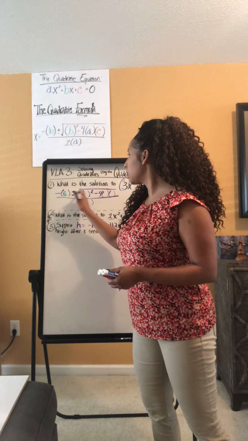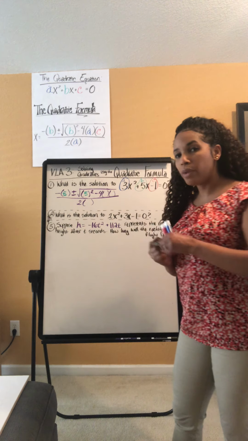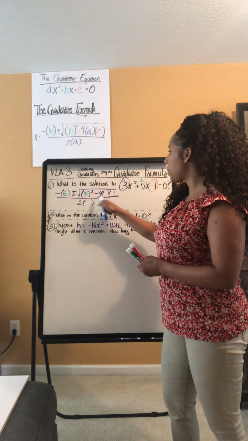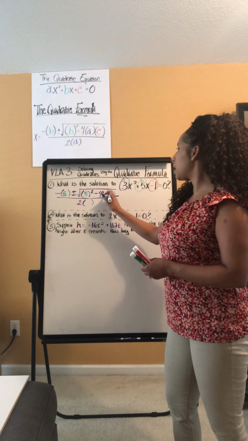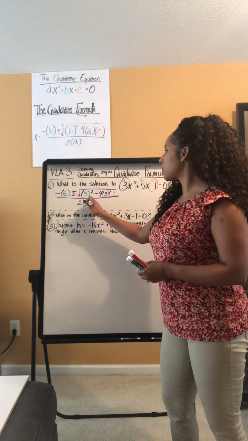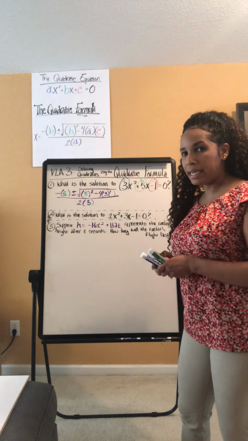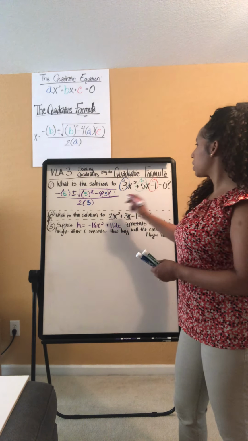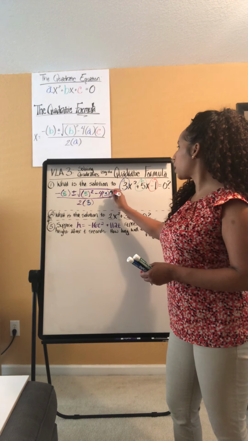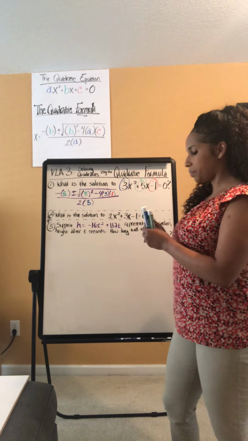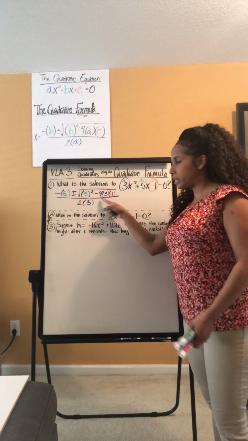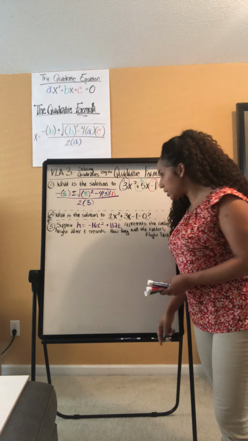So 5 here and a 5 there. 2 a's, 1 on the top and 1 on the bottom. So my a was the number 3, 3 on the top, 3 on the bottom, and 1 c. And my c was the number negative 1. Your parentheses are important here, all right? We need the parentheses.